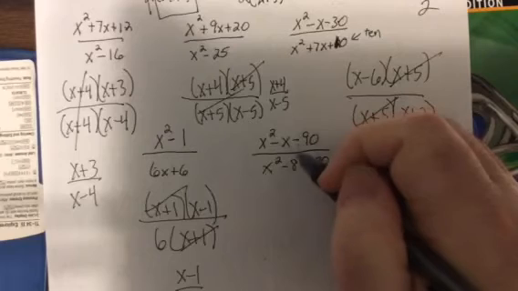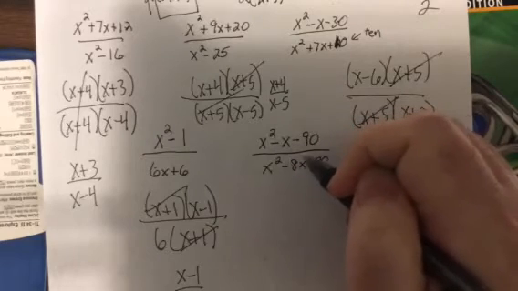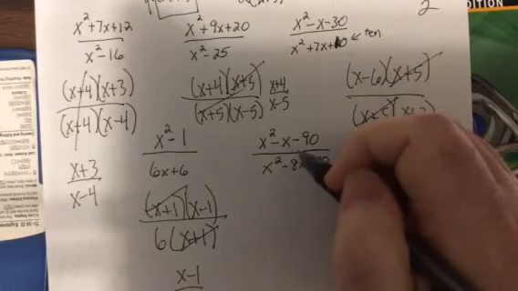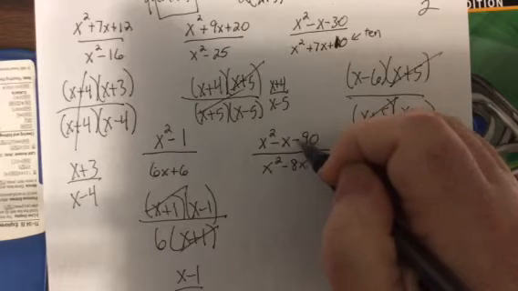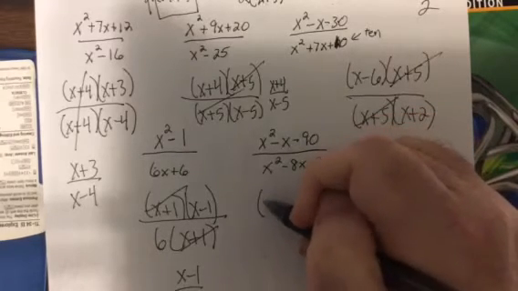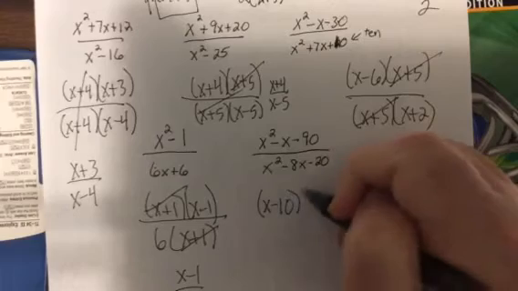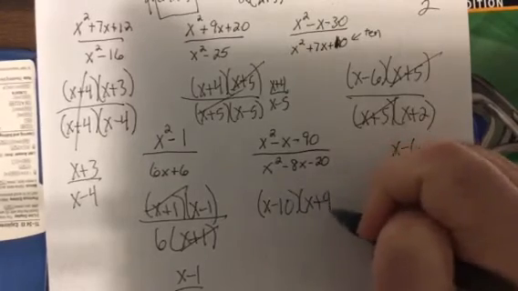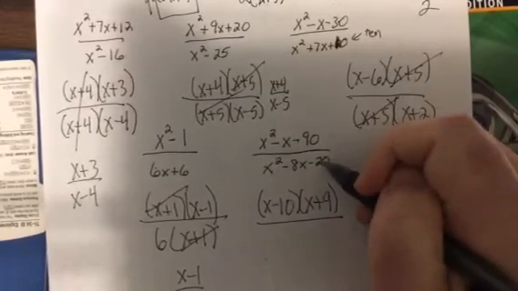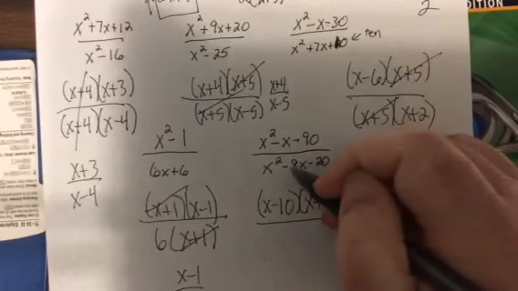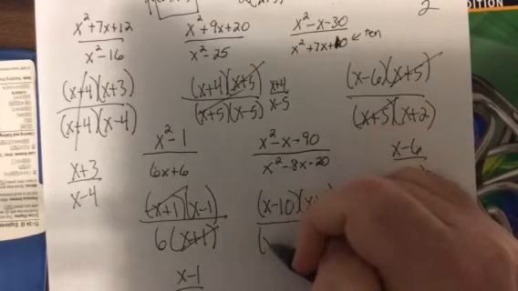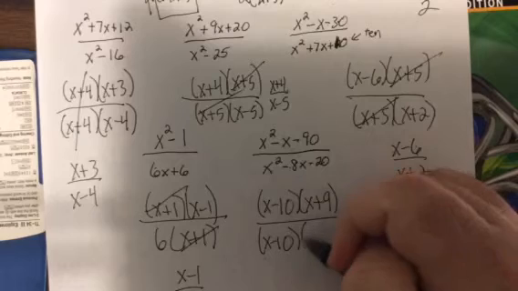So last term, I might make 2 different sheets just so it's easier to grade when you have space. But minus, so 90, so x minus 10, x plus 9. And then the factors of 20 that subtract to give you 8 would be 10. Now here's a tip.